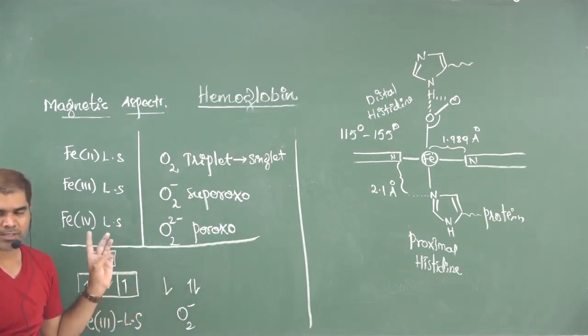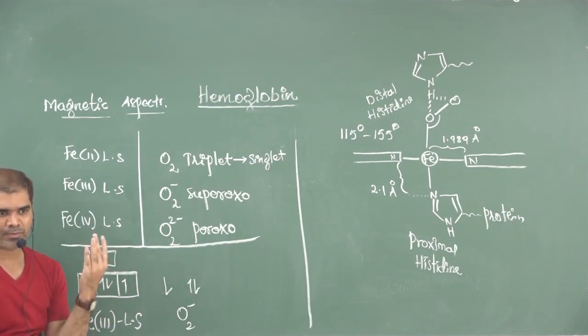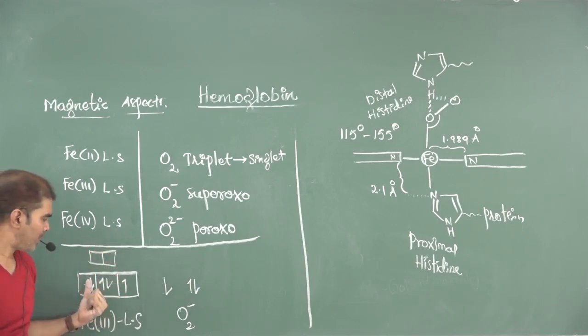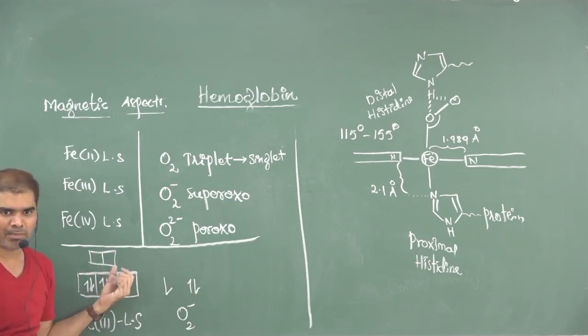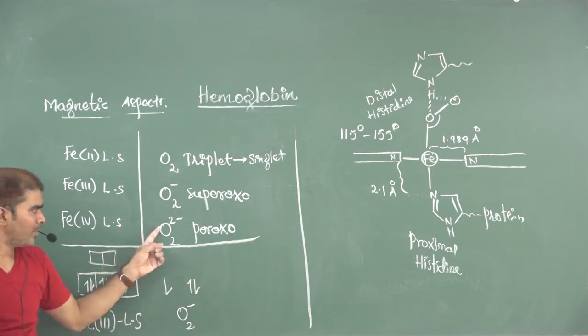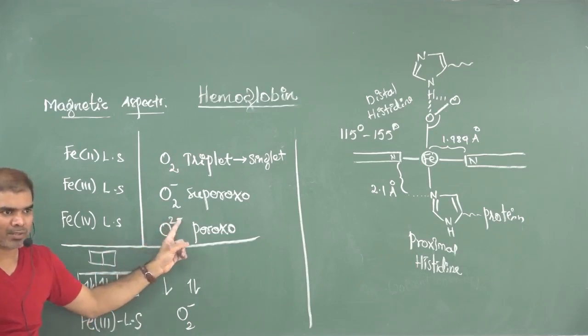Third proposal is iron is present in +4, which is a rare oxidation state. Iron +4 means 4 electrons, and those 4 electrons will be paired up, because iron is present in +4, very strong. And O2 is present as O2 2 minus, peroxo form.